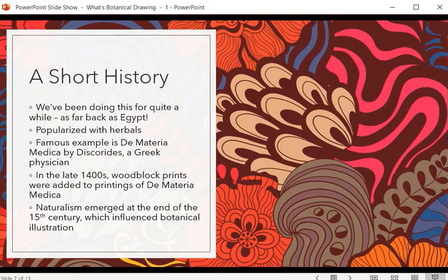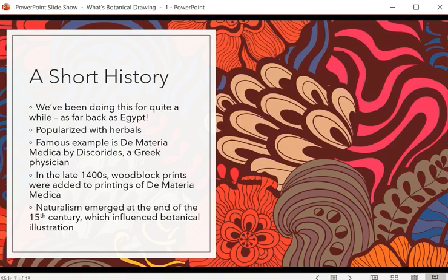One of the most famous examples that we still have is called De Materia Medica and was made by Dioscorides, who was a Greek physician. This was translated into multiple languages and then copied over and over and over until it kind of started to get inaccurate, kind of playing telephone, if you will.